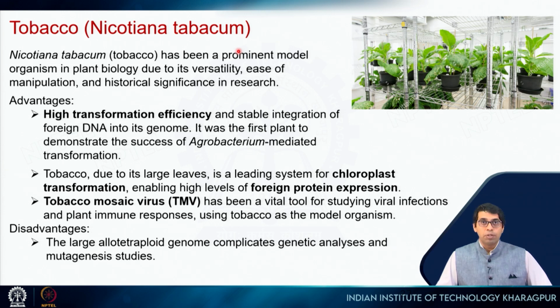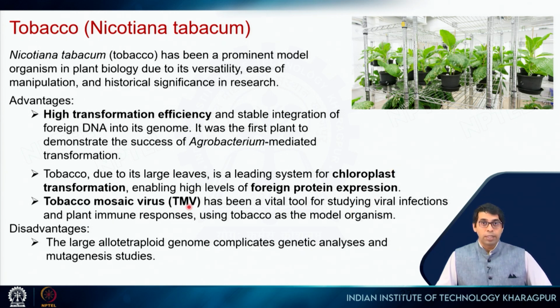Another very commonly used plant is tobacco. It has been a prominent model organism in plant biology due to its versatility, ease of manipulation, and historical significance. It also has very high transformation efficiency, and tobacco, due to its large leaves, as you can see that the leaves are very large, is a leading system for chloroplast transformation, enabling high levels of protein expression in these organelles.